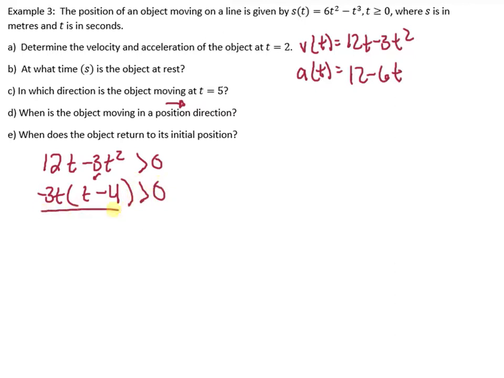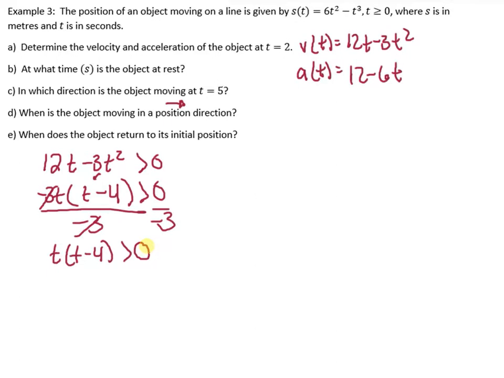I'm going to divide both sides by that negative 3, because the other side is 0, or greater than 0, so we can get that 3 out of there. That constant is gone. So we have to consider when t times t minus 4 is greater than 0.